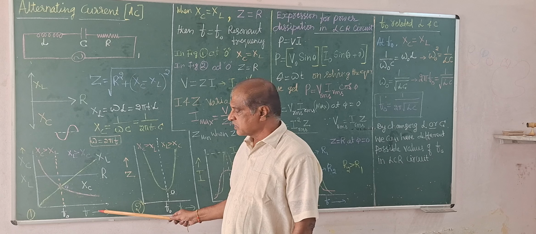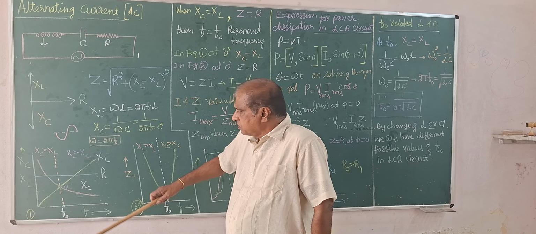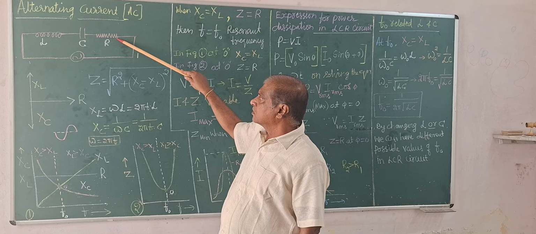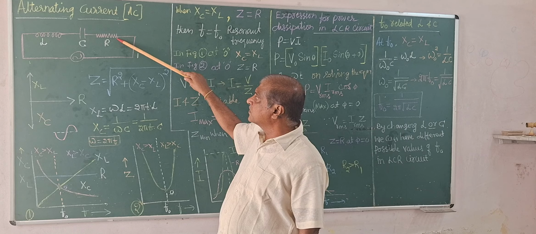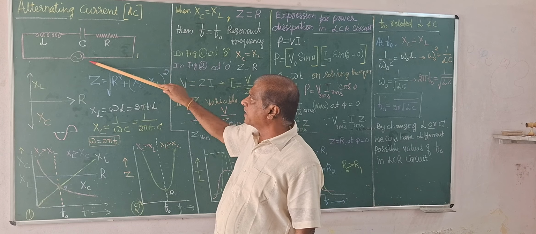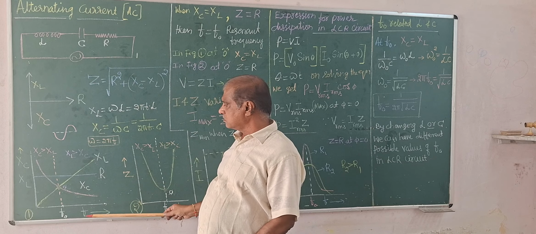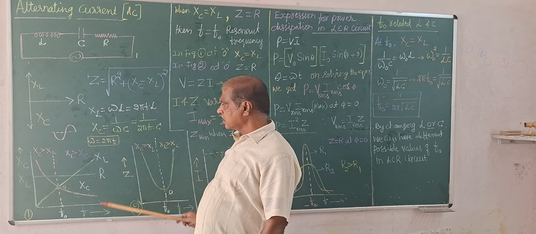even though frequency varies. It means resistance of the resistor does not depend on the frequency of the AC cycle passing through it. It is a straight line like this.